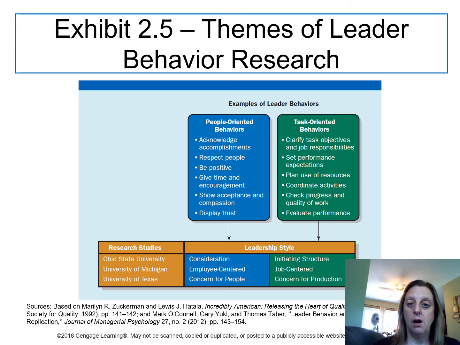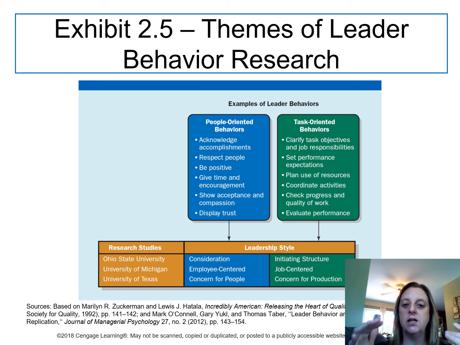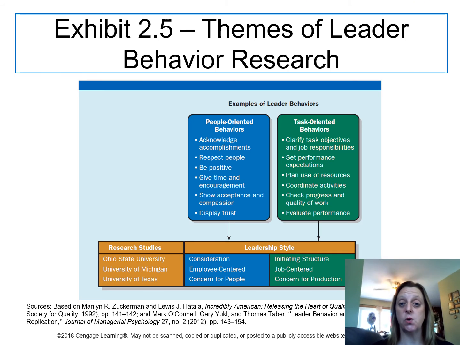So that is what is good about the information on this slide, is that it sort of consolidates all of the research on behavior models of leadership and talks about it as kind of the different themes that approach being related to people-oriented behaviors or caring about employees, employee-centered, versus being task-oriented or goal-oriented, and caring more about the end result of your efforts, and not as much about supporting your employees or subordinates.